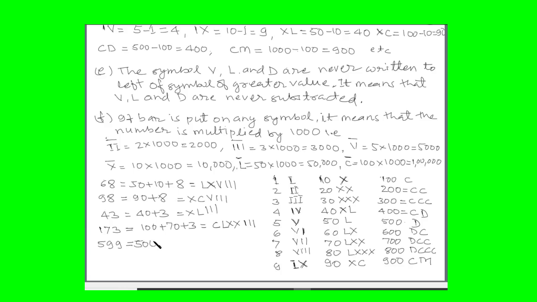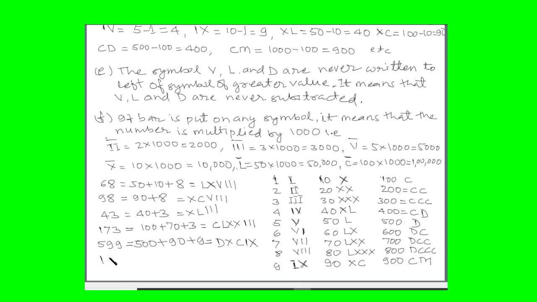599. 500 plus 90 plus 9. 500 is D. 90 from the chart is XC. And 9 from the chart is IX. This is our 599.